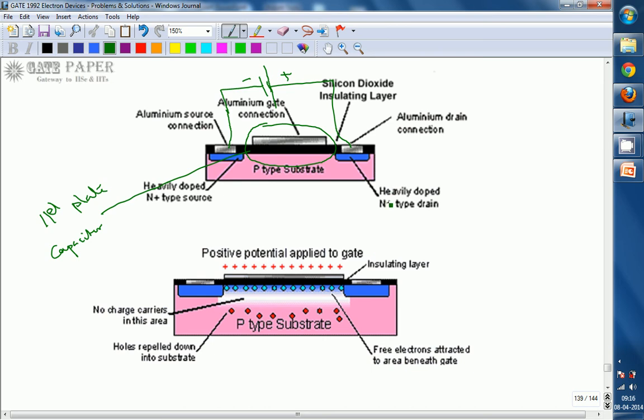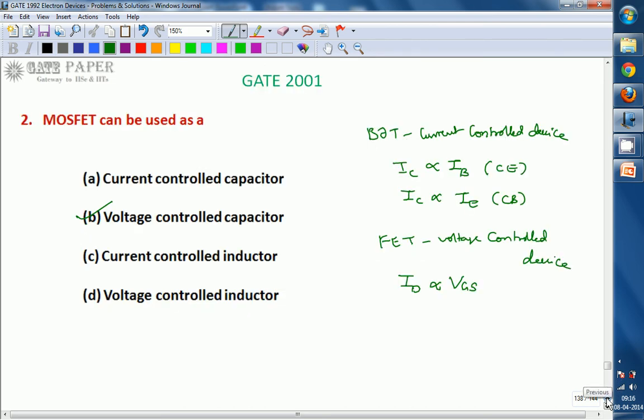So the right option for this one is voltage controlled capacitor. MOSFET is simply a voltage controlled capacitor. The answer for us is B, voltage controlled capacitor. Thank you.